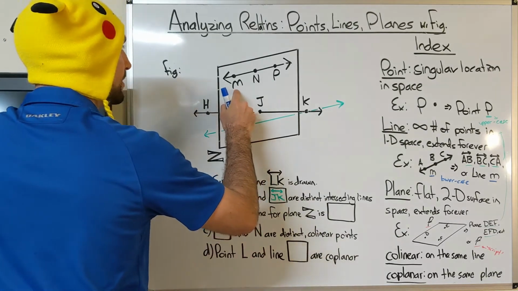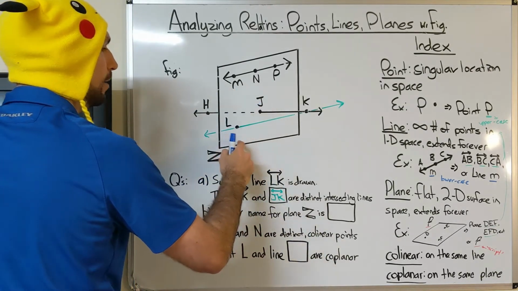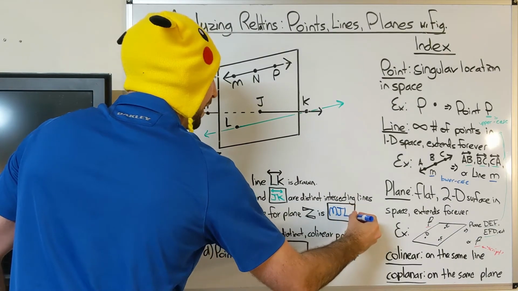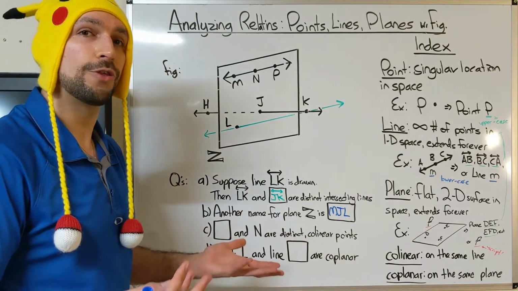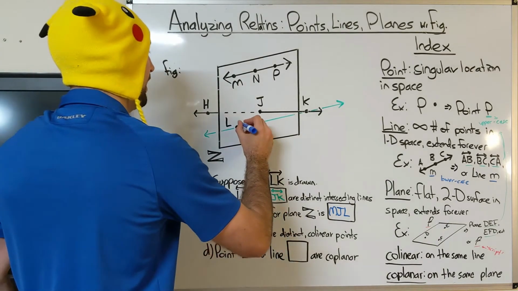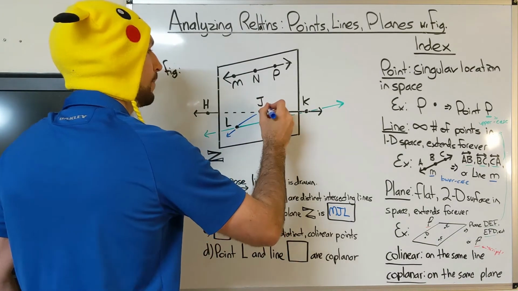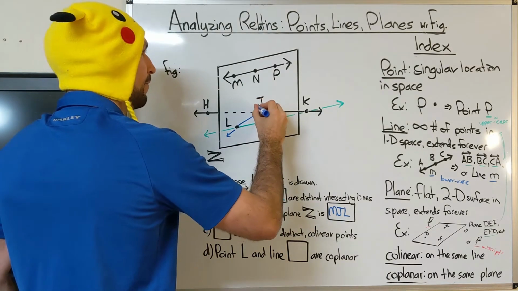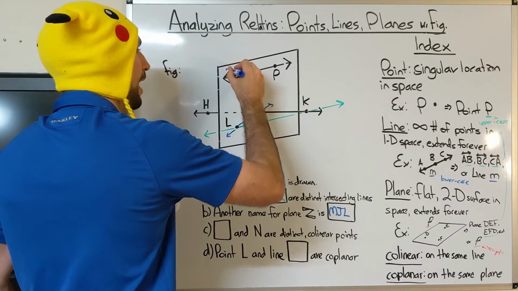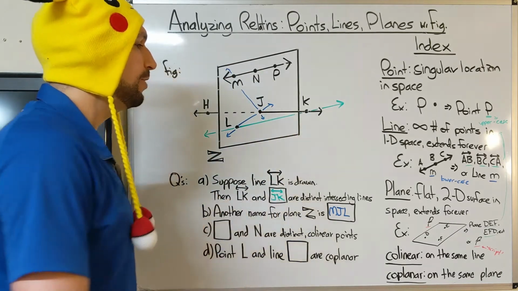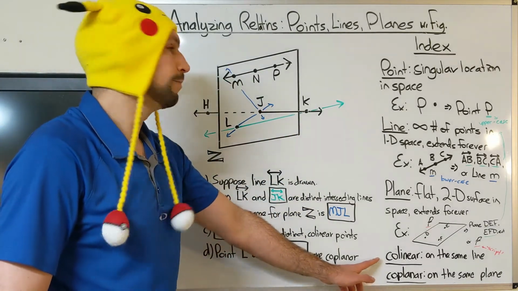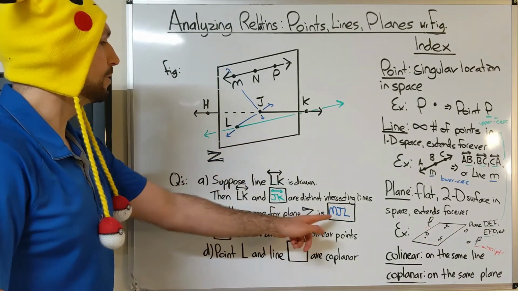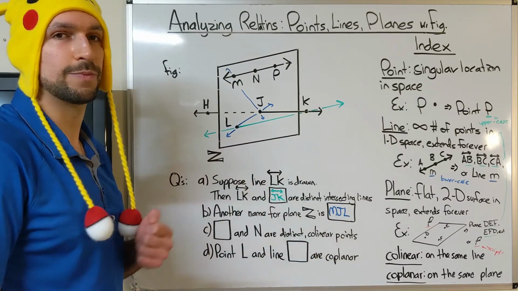To make sure that those would make a plane, we could try connecting these with a line, but we see if I draw the line this way through LJ, I won't hit M. If I draw the line this way through JM, I won't hit L. So we know these are not collinear. So these are 3 coplanar points that are non-collinear, and we can use M, J, L to name this plane Z.